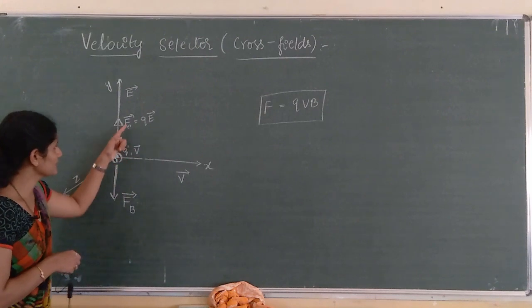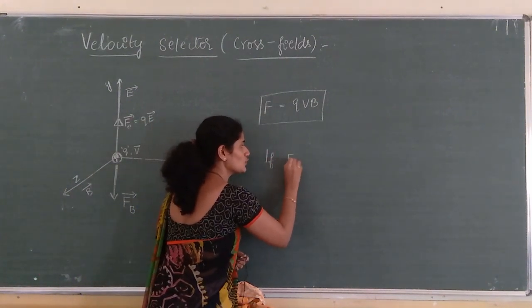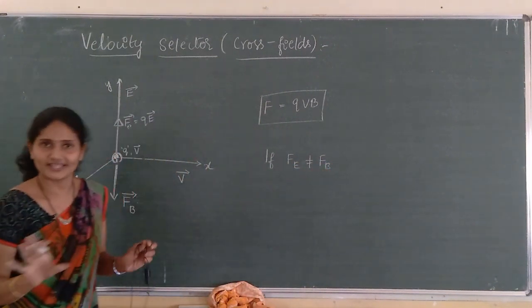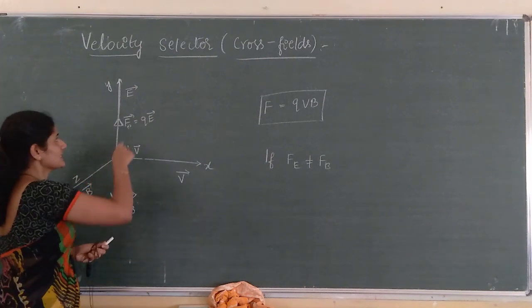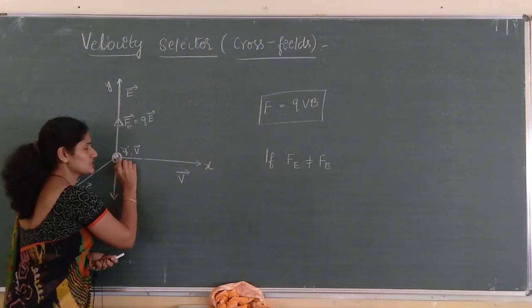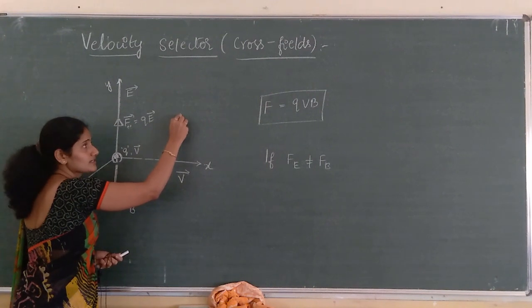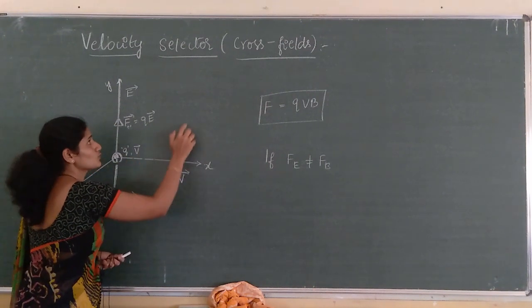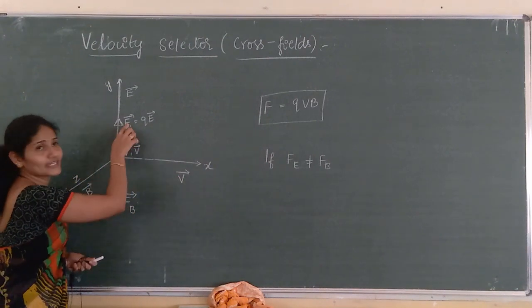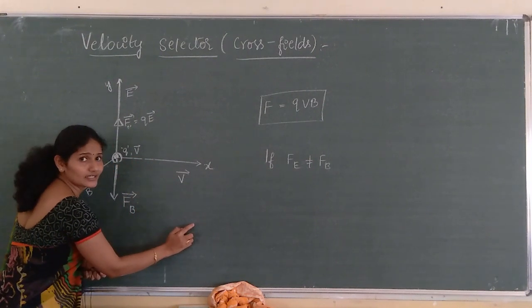If the magnitudes of FE and FB are not equal, and FE is more than FB, then the charged particle will deflect towards this, or it will deflect towards E. Otherwise, if FB is greater than FE, then the charged particle will deflect towards this.